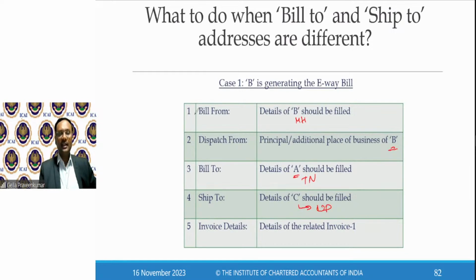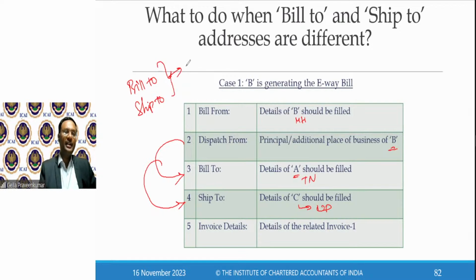So here B will say, from my factory I am billing to this particular fellow, but I am giving delivery to these ship to details, along with the invoice details. This is how I use the bill to ship to model. This model I can adopt for sale in transit or job work purpose.